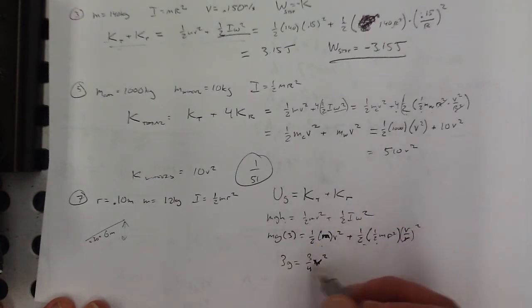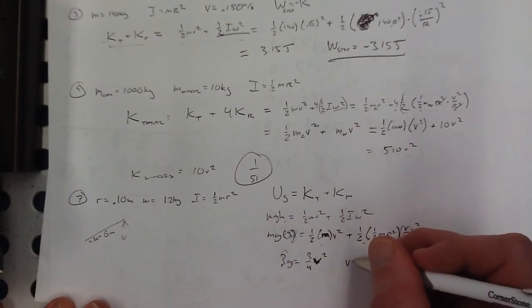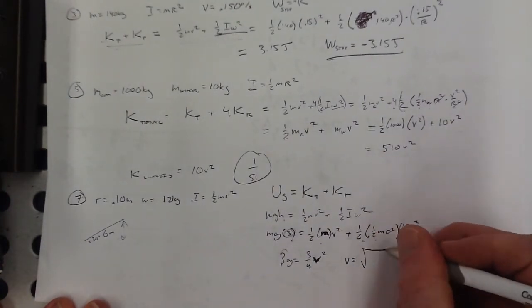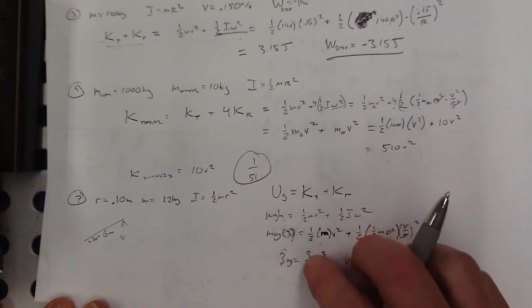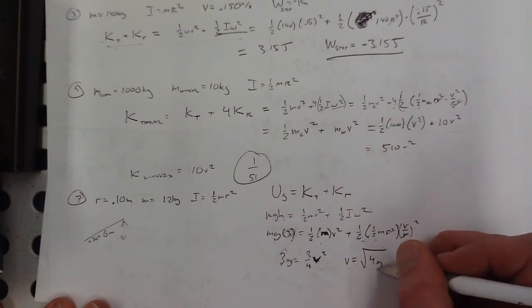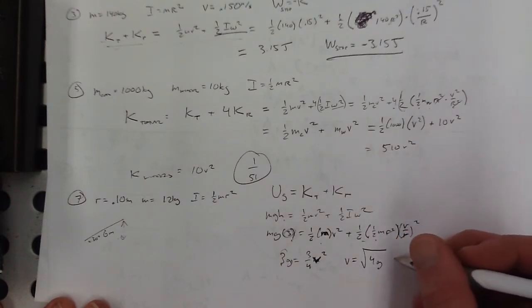If you're wondering about the dimensional consistency of this, remember this 3, I'm being lazy here, not including the units on everything, because I think that gets too messy. This is 3 meters. So meters times meters per second squared is meters squared over second squared, so that is a velocity squared. So we're good. So v is equal to the square root of, when I multiply both sides by 4/3, I get 4g, right?